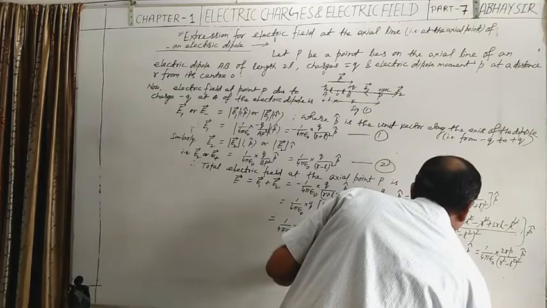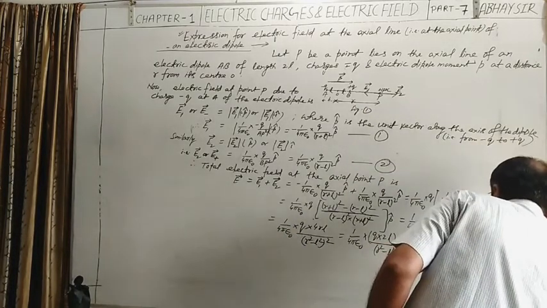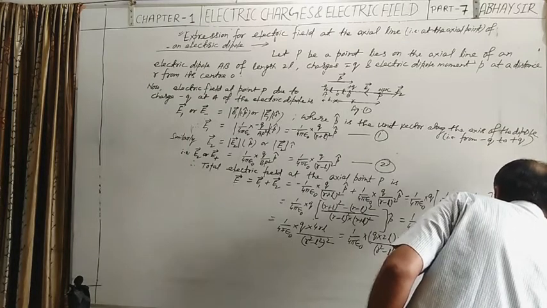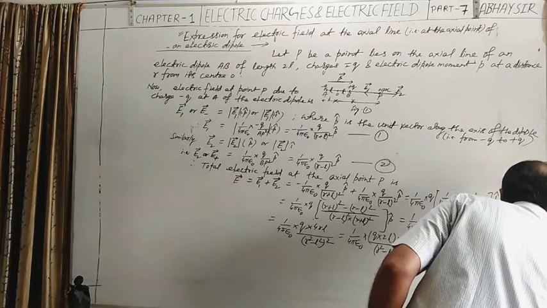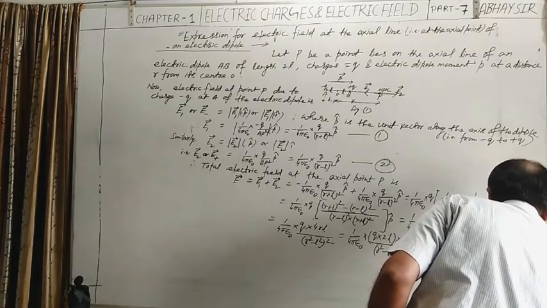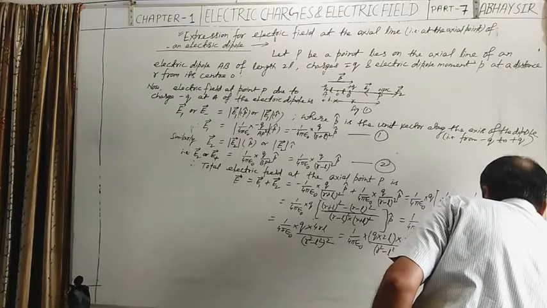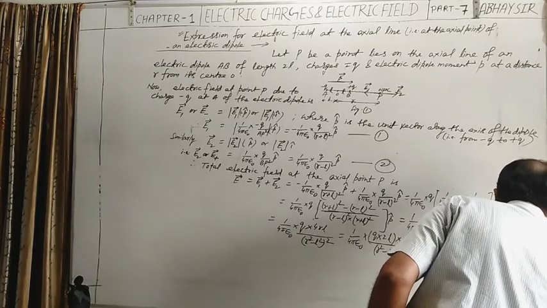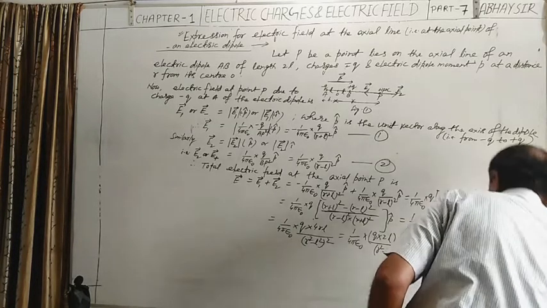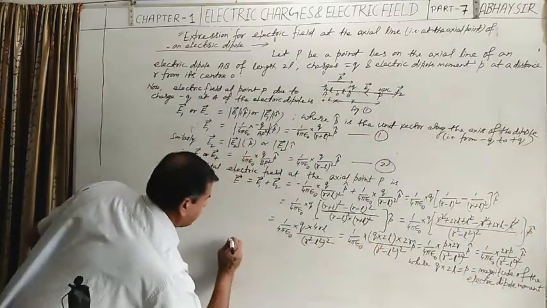This is the required expression, where q into 2l is equal to P, the magnitude of electric dipole moment of the electric dipole. So this is the final expression.